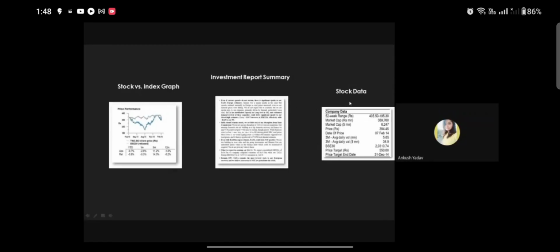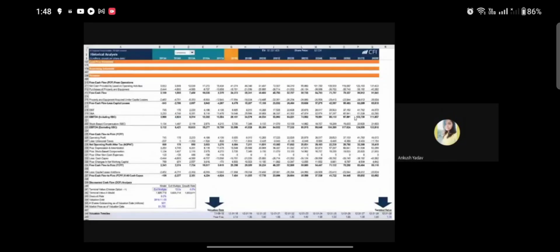This is the report summary, and this is the stock data. And this is the financial model which they upload. They have different years, different financial items and the data which they have calculated.